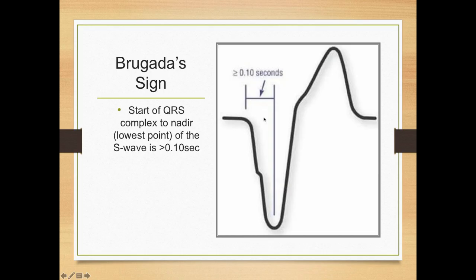If it is 0.10 seconds or greater, that checks our box for Brugada's sign, and we probably have V-Tach. So this is a positive sign. This is a rule in for V-Tach. If we have Brugada's sign, we probably have V-Tach.